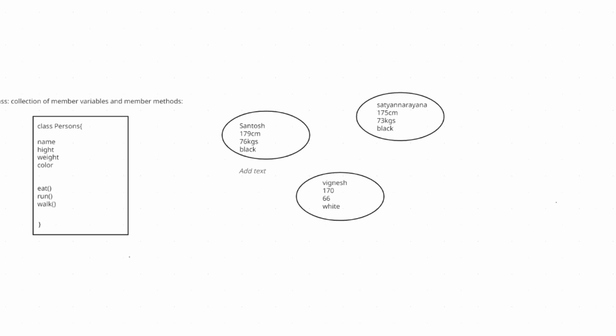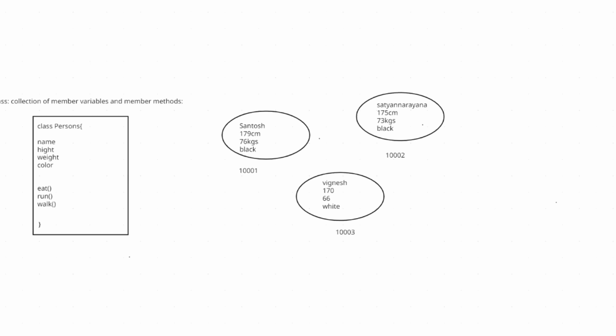For this object, a unique identification number, 1002. For this object, maybe 1003. So these different unique numbers will be allocated for these objects.